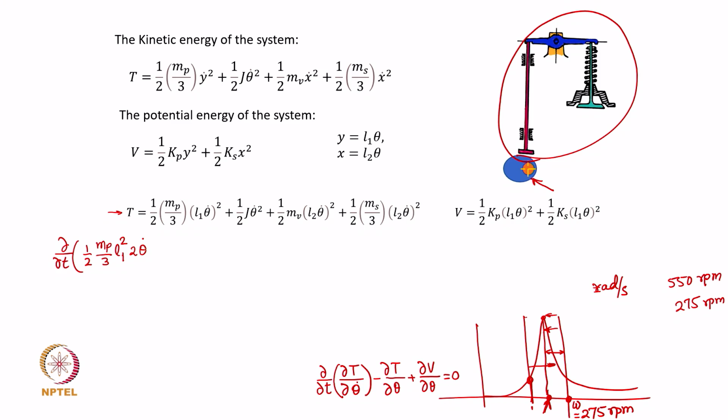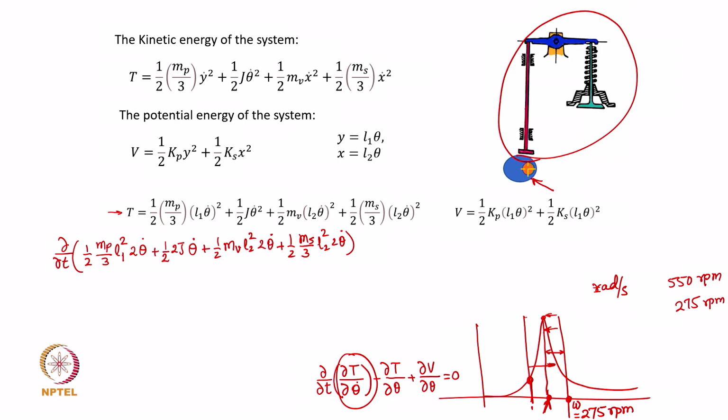It will not turn to theta double dot here. And then plus half 2 J theta dot plus half mv L2 square 2 theta dot plus half ms over 3 L2 square 2 theta dot. That is what you will get as this particular term in the Lagrange's equation.